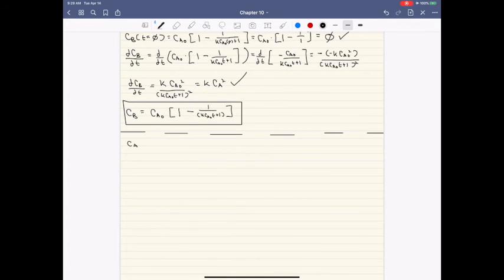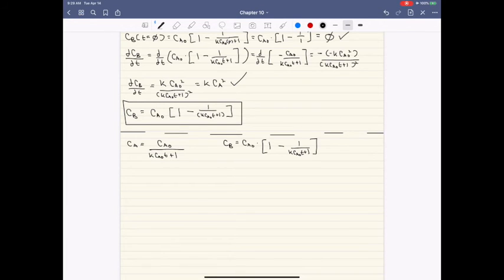So CA was CA naught over k CA naught t plus 1. And then CB here was CA naught times 1 minus 1 over k CA naught t plus 1.